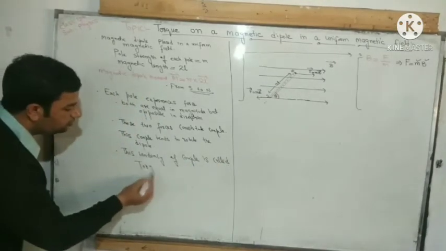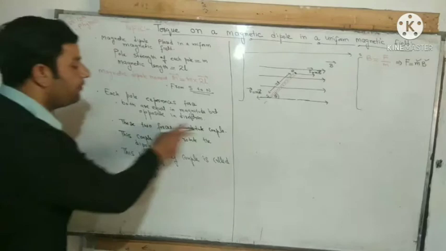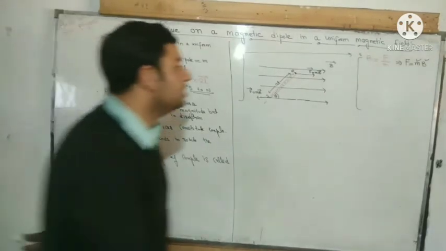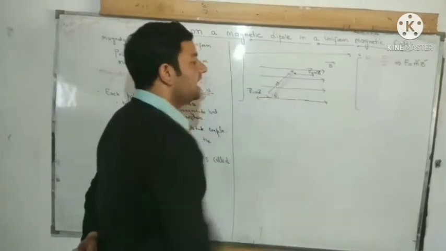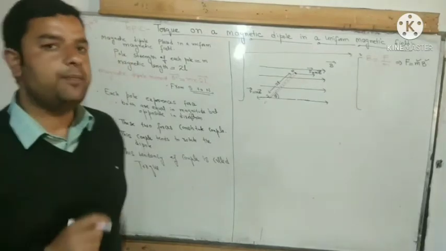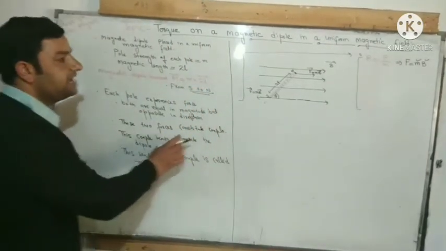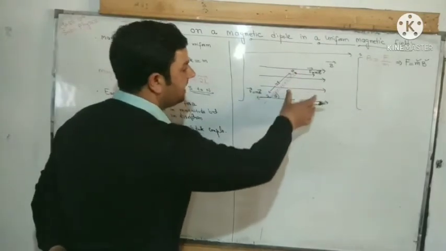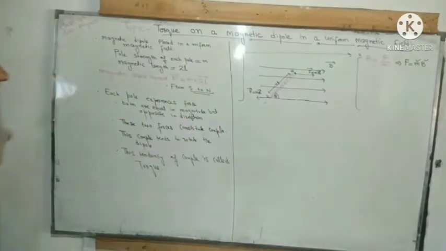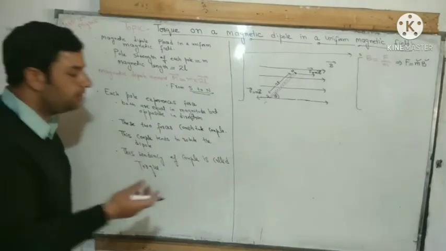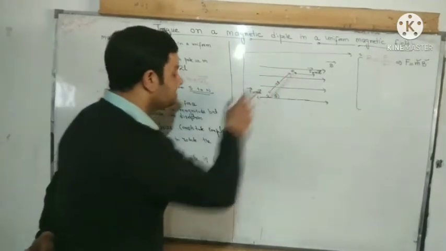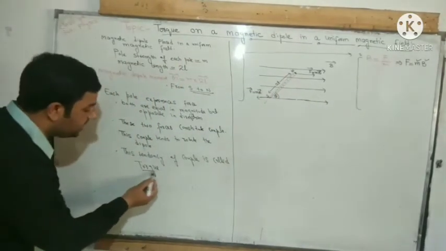So two equal and opposite forces constitute a couple. The turning tendency or moment of the couple is called torque.